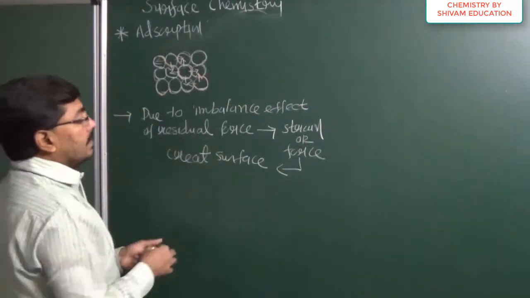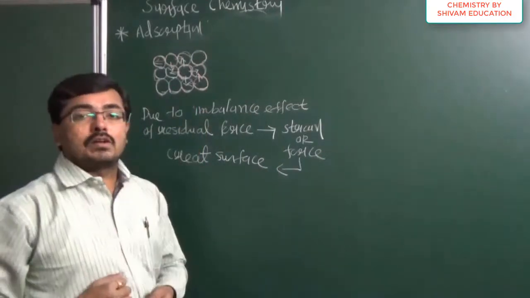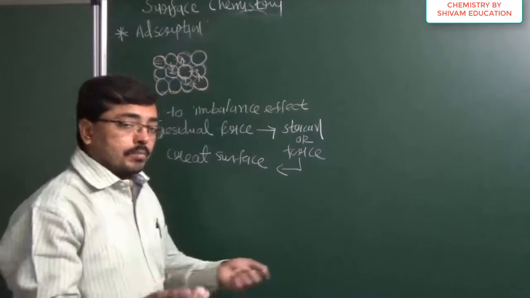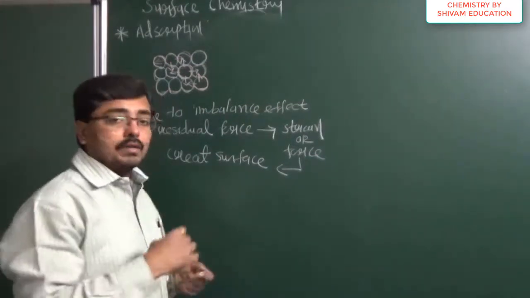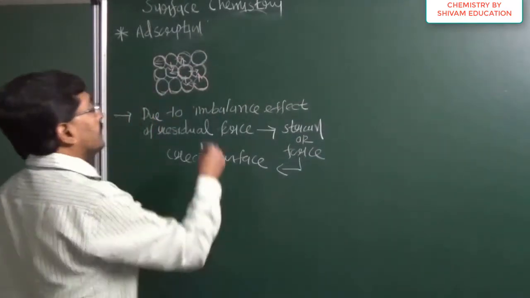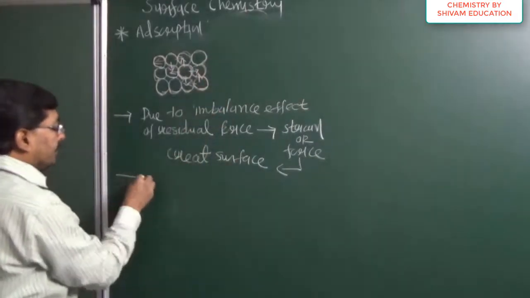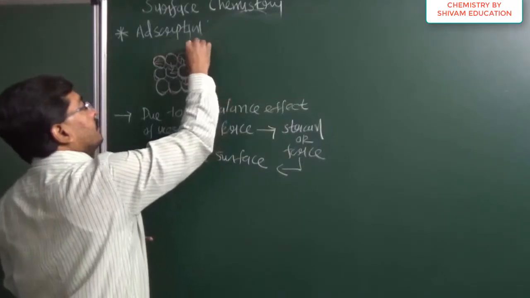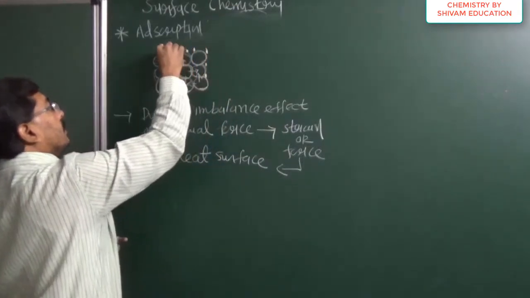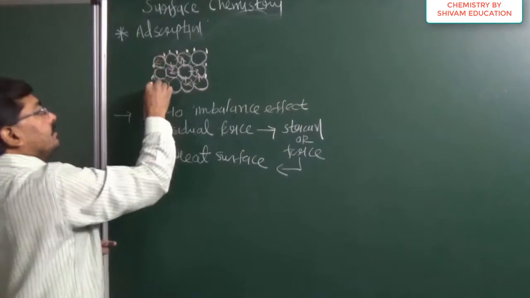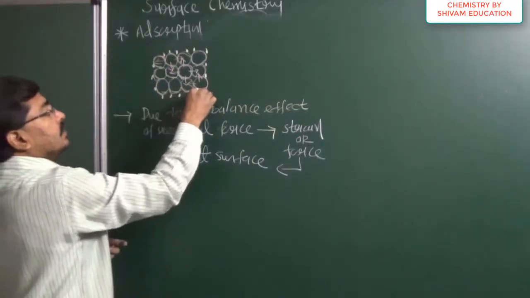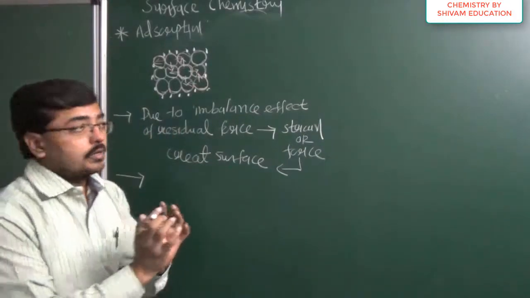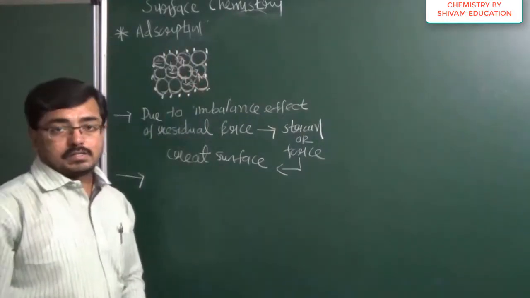Now such a surface, when it comes in contact with another molecule of a solid, or with a gas, or particularly with a liquid, will attract the molecules. Suppose different types of gaseous molecules come in contact with the surface, then the surface will try to attract such molecules, and the concentration of these molecules will be maximum on the surface.